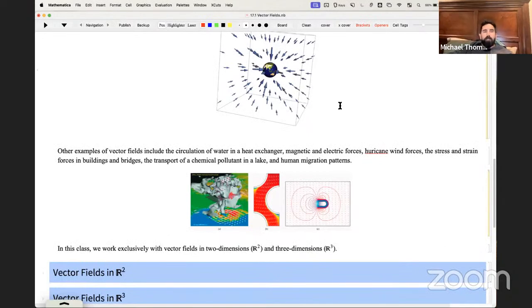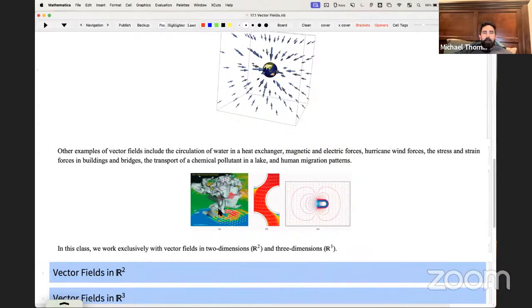There's plenty of examples of vector fields, including circulation of water in a heat exchanger would be something like this one. Magnetic and electrical forces. I've already done electrical forces. This would be magnetic forces. Over here is a U-shaped magnet. Hurricane wind forces, you could do that in 2D or 3D.